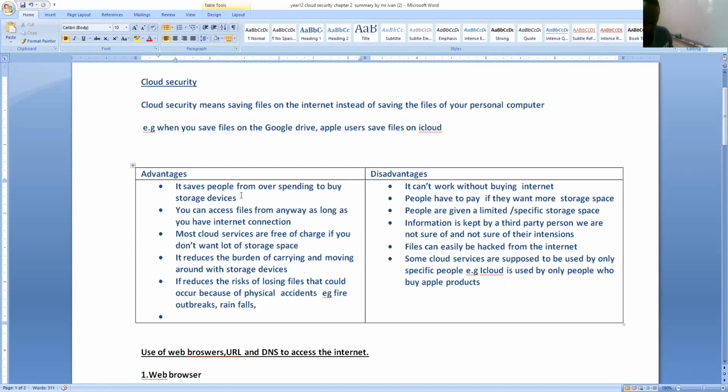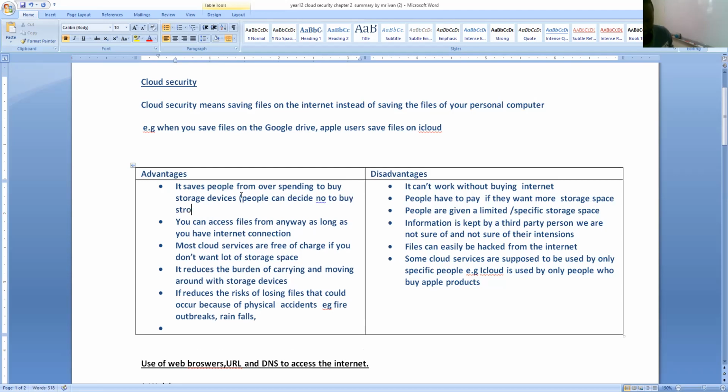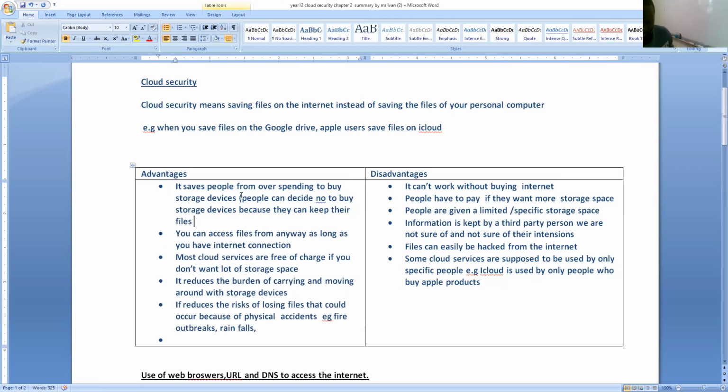Let me explain it further. In brackets, this is what it means: people can decide not to buy storage devices because they can keep their files on the cloud.